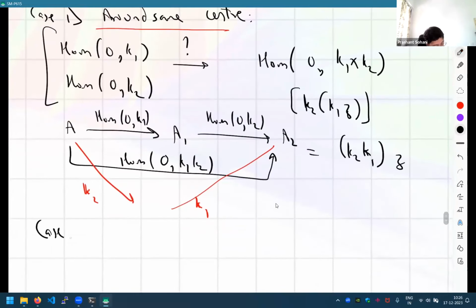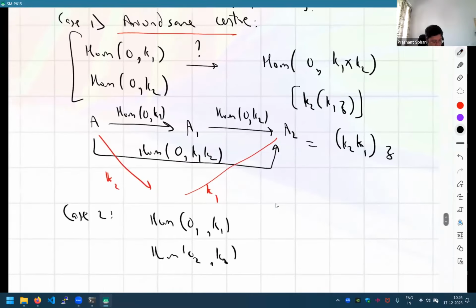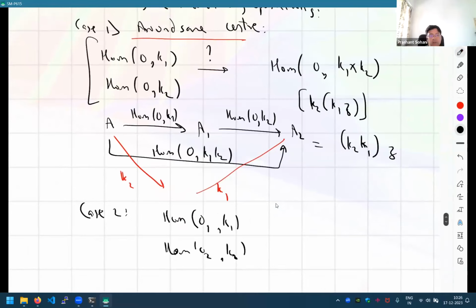So case 2. Suppose the first operation is homothety around center O1 with ratio K1 and the second operation is homothety around a different center and different ratio. So now, can we combine these also? Just to take an example, let us say I first apply homothety around this point with ratio 2 is to 1.